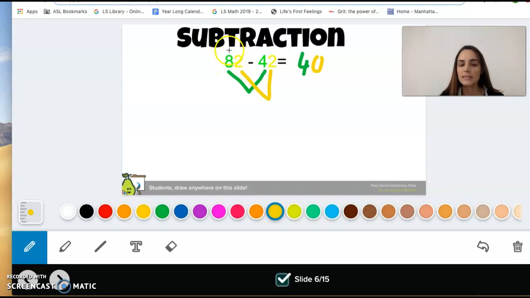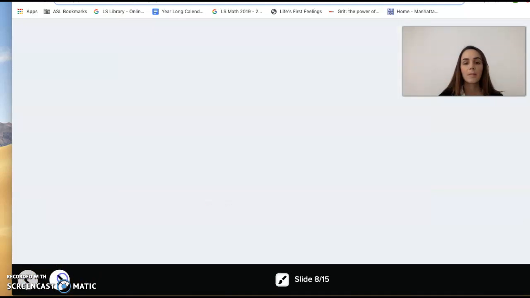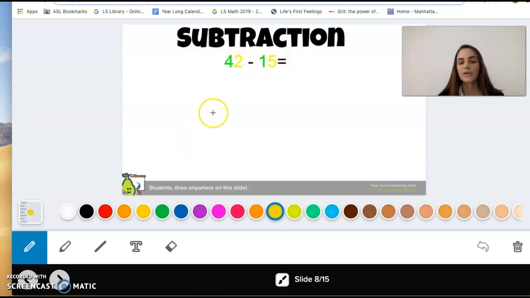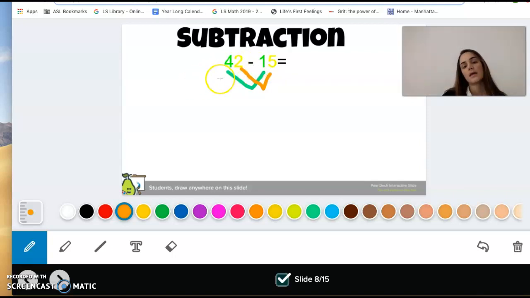Because here, this number, 8, is bigger than 4, and 2 is equal to 2. So it makes total sense. But here, for example, I have 4, it's higher than 1, but 2 is smaller than 5. So on this occasion, when you have a lower number on this side, you cannot do this strategy.